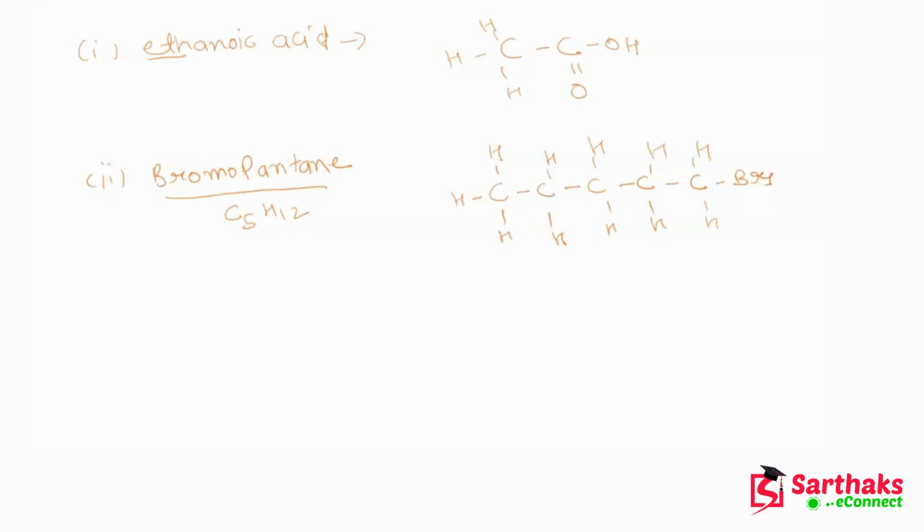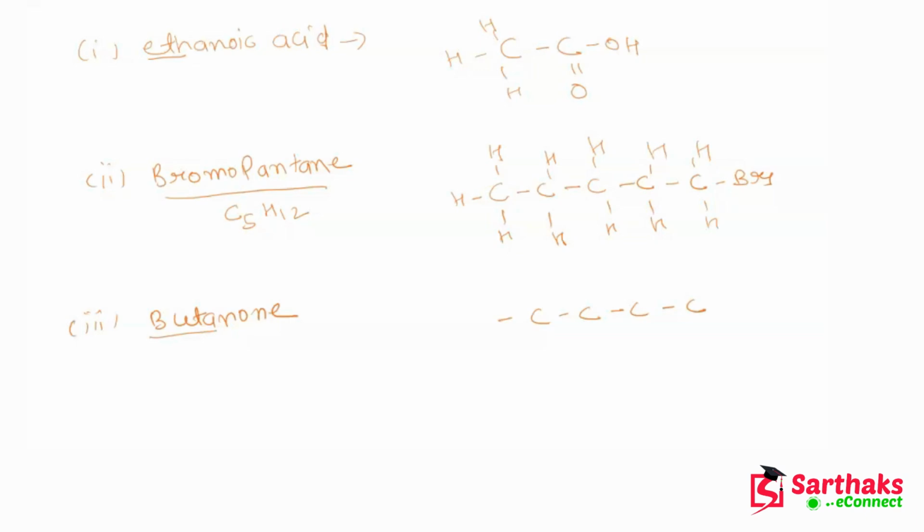Now let us talk about the other question. Now we have to draw the structure of butanone. Okay, butanone. Okay guys, so for butanone, we can understand from the but that there are 4 carbon atoms. So I will simply make this chain where 4 carbon atoms are present.